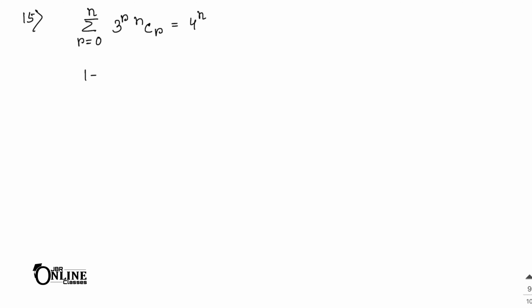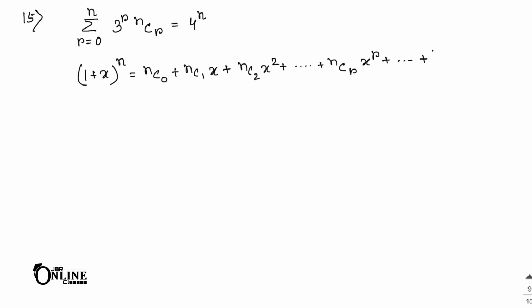So first write down 1 plus x whole to the power n, and that equals nc0 plus nc1 x plus nc2 x square, dot dot dot, ncr x to the power r, and then the last one will be ncn x to the power n. Clear? Now here put x equal to 3.